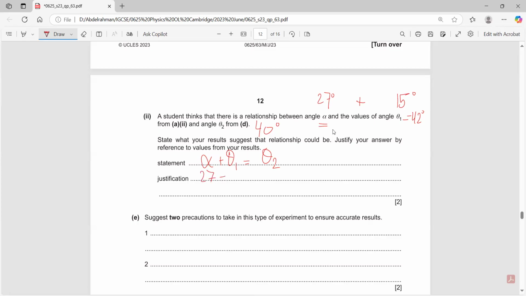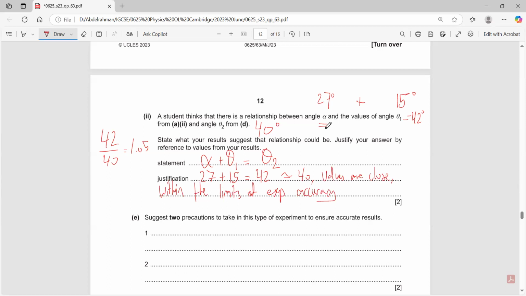Because 27 plus 15 is equal to 42, which is very close to 40. 42 divided by 40 is 1.05, 5%. Definitely within the limits, so the values are close and within the limits of experimental accuracy.